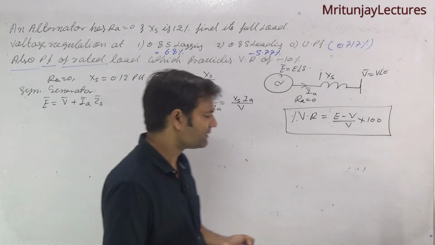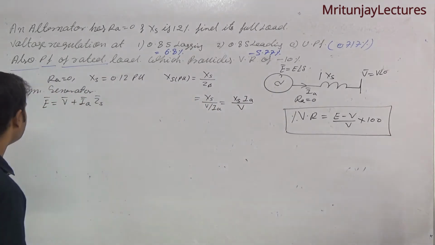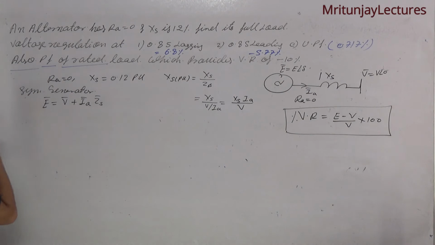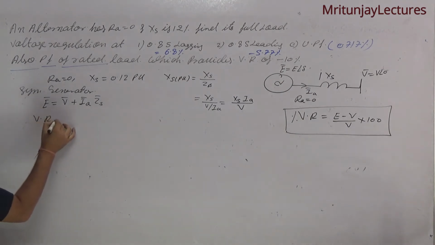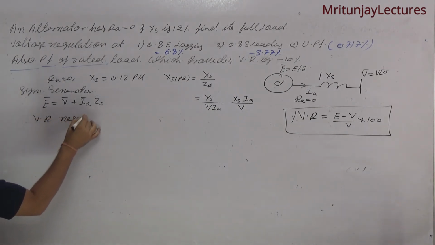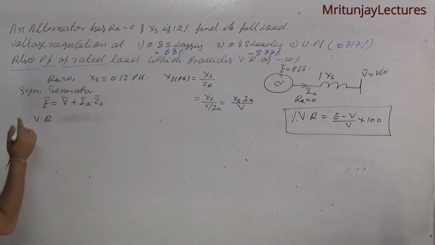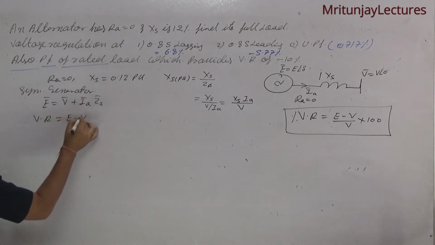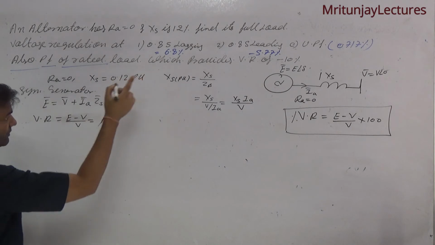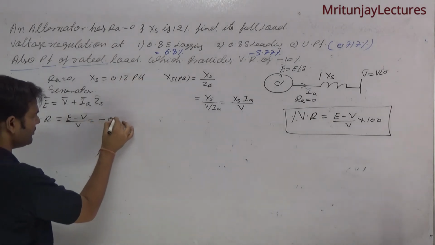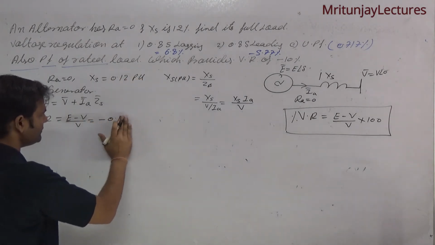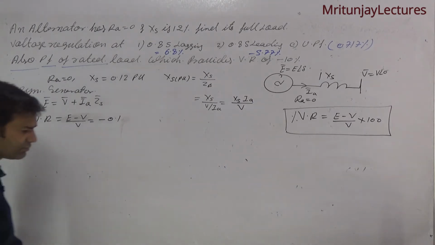Voltage regulation is negative means E minus V divided by V, corresponding to the question, is minus 0.1.